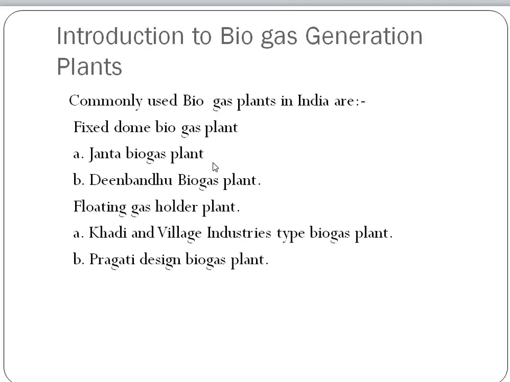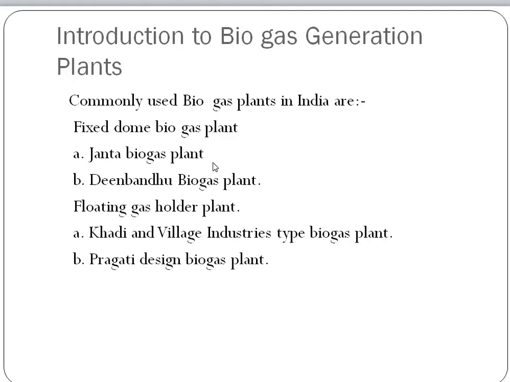There are different types of biogas generation plants in India. There are two types basically: fixed dome biogas plants and floating gas holder plants. In the fixed dome type, we have the Janata biogas plant and the Deenabandhu biogas plant.